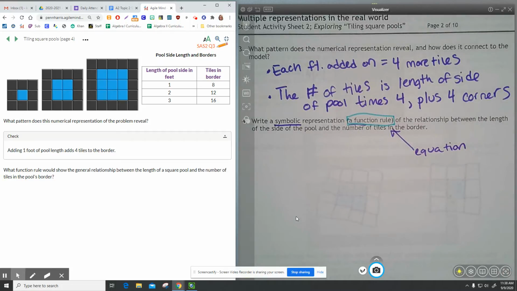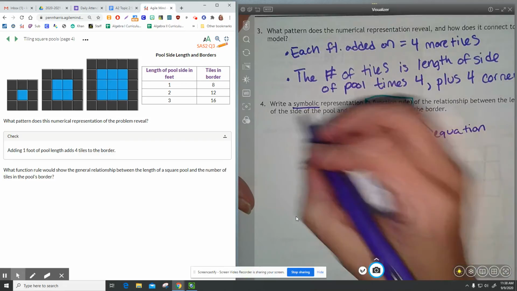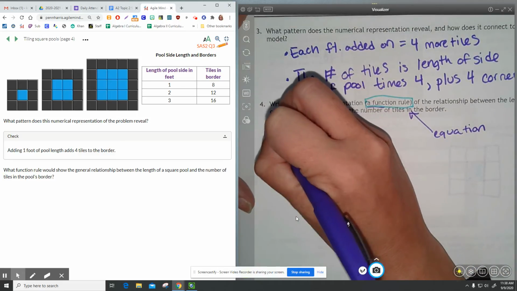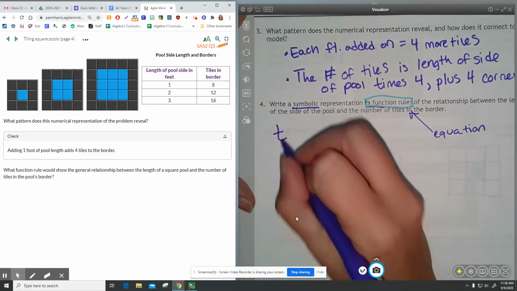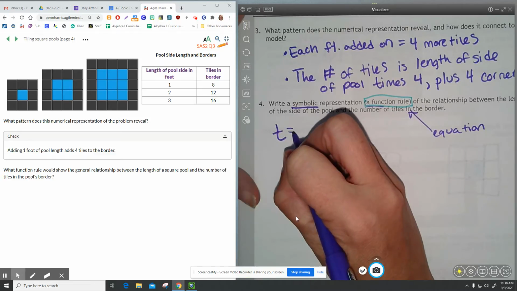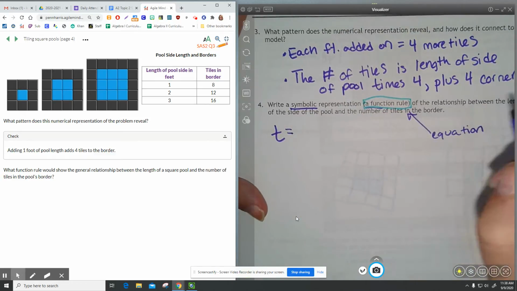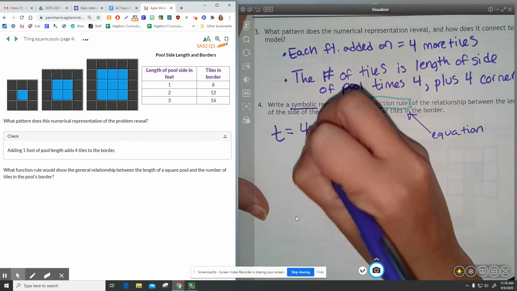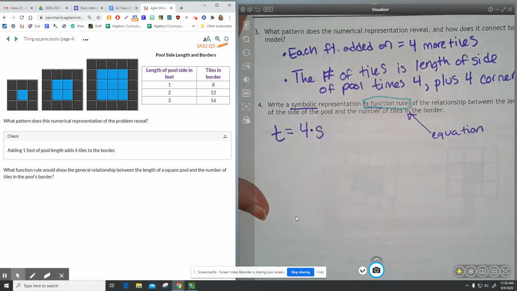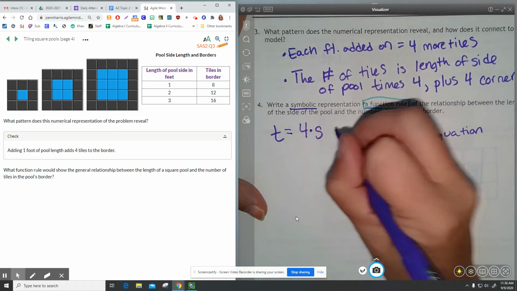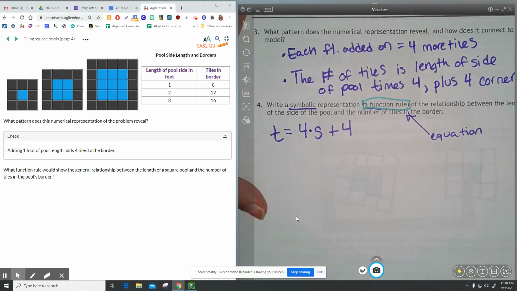And there could have been a number of different ways we came up with this. The most basic one being that our total number of tiles, T, equals 4 times the length of the side of the pool plus my 4 corners.